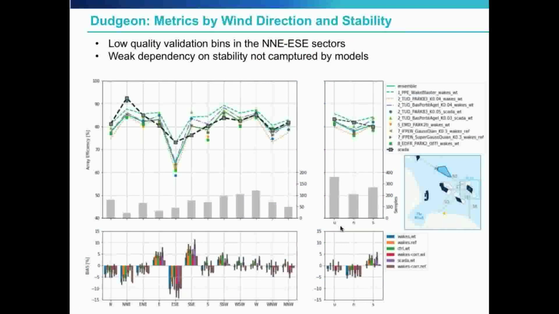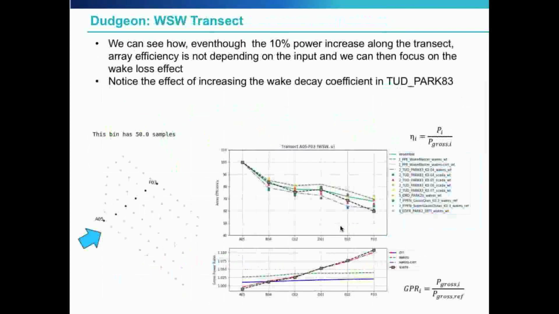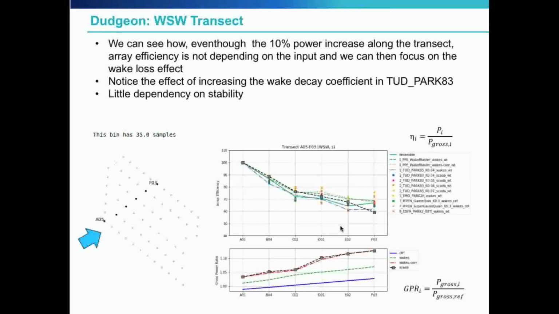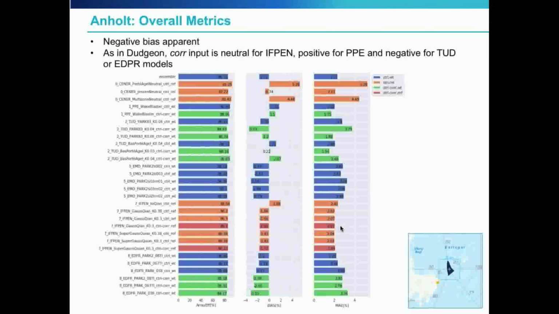This is how it works when you go for different wind directions, stabilities, and then when you look into different flow cases. Again, I'm just going quickly through this because it's too much data to really go through. Different stability classes, and all the other wind farms.